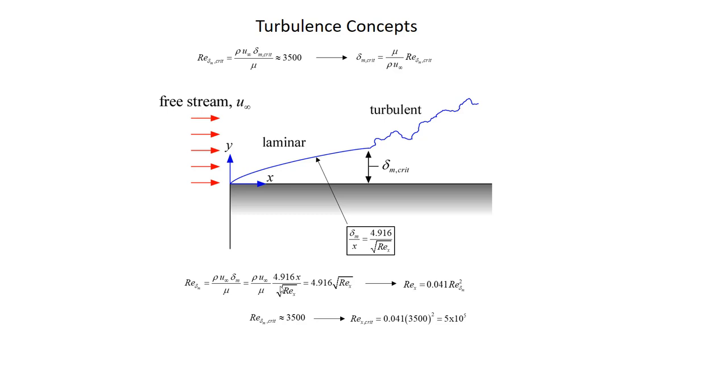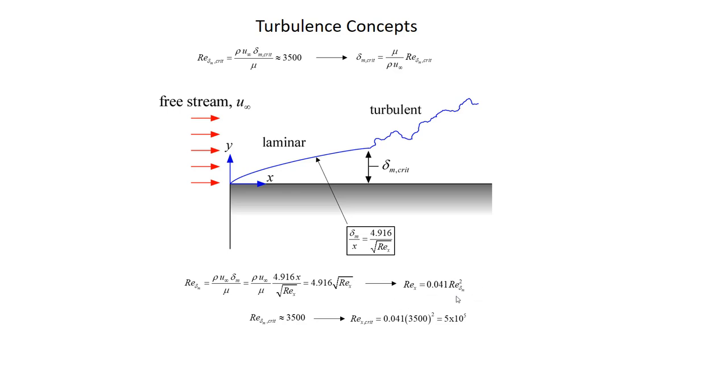And if you do that, you find you have 4.916 times the Reynolds number divided by the square root of the Reynolds number. So 4.916 times the square root of the Reynolds number. Or if I solve for this Reynolds number, I find it is 0.041 times the Reynolds number based on delta sub m squared, right? So I can go between a Reynolds number based on x and a Reynolds number based on the momentum boundary layer thickness using this equation here.